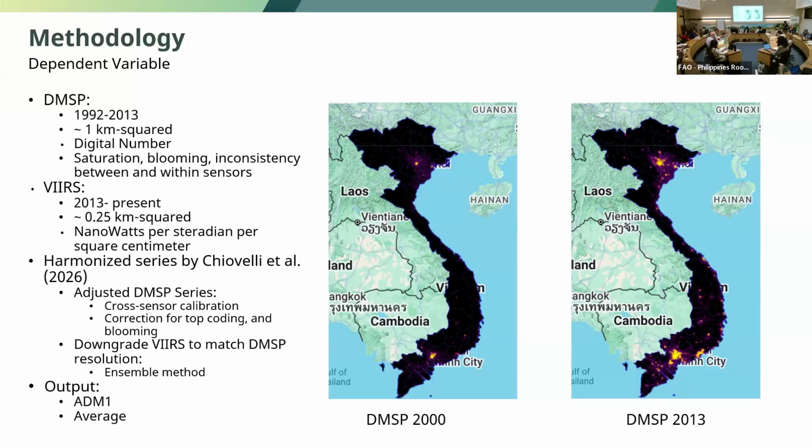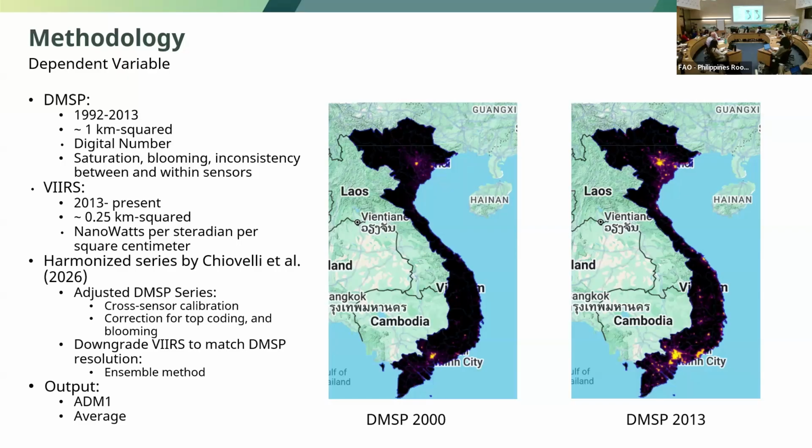There have been efforts to harmonize the two data to create one long series, for example, the series by Geofield et al. First they adjusted the DMSP series, so they calibrate across different sensors, and they also correct for the problems of saturation and blooming.